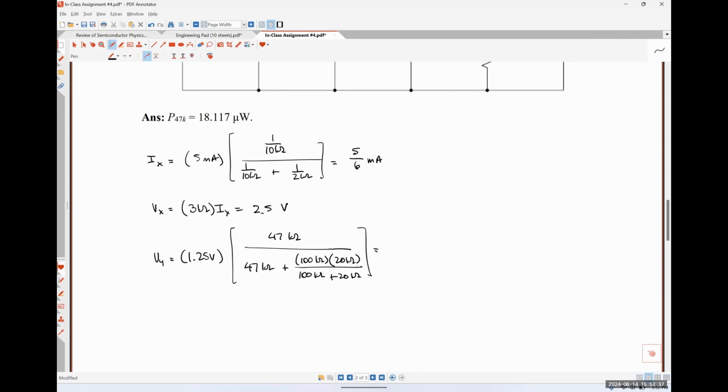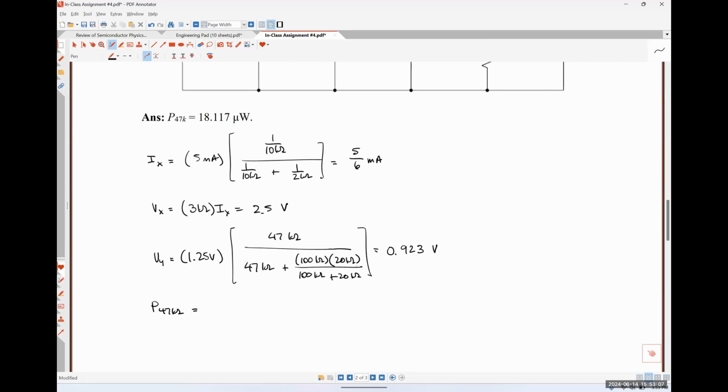If I throw this into my calculator, I got 0.92277, so let's call it 0.923 volts.